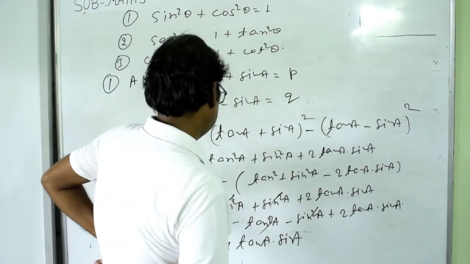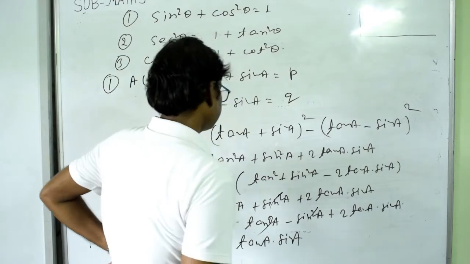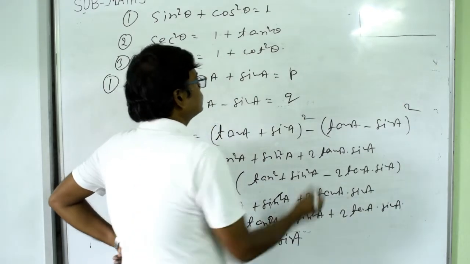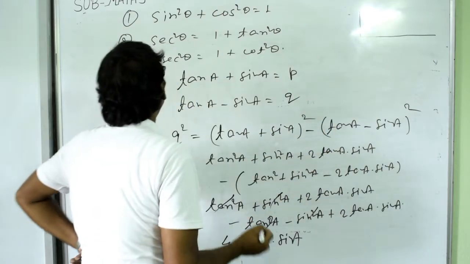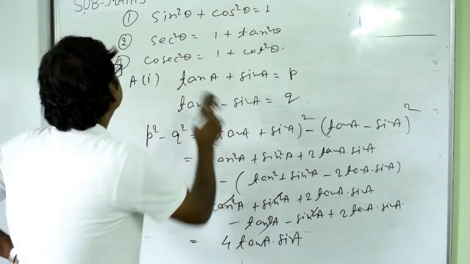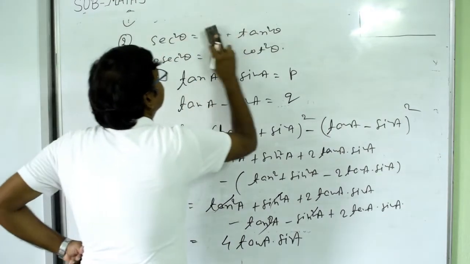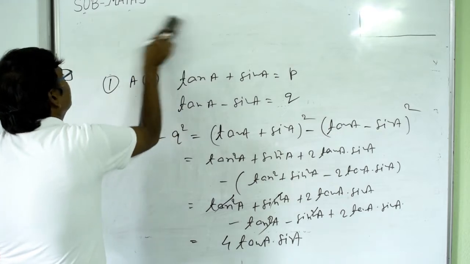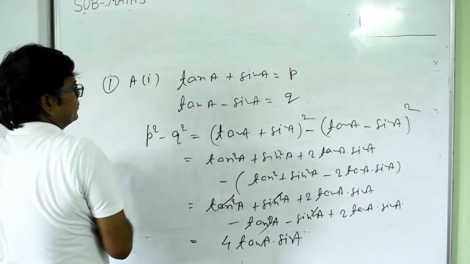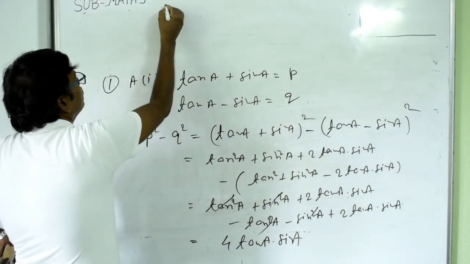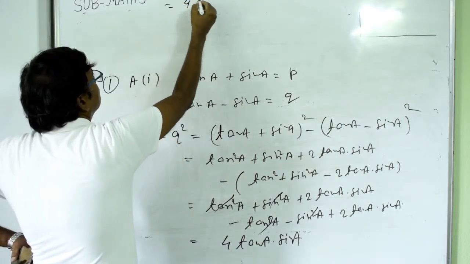Now we have to solve this further. So you will write 4 tan A into sin A, equal to 4 tan A, equal to what?